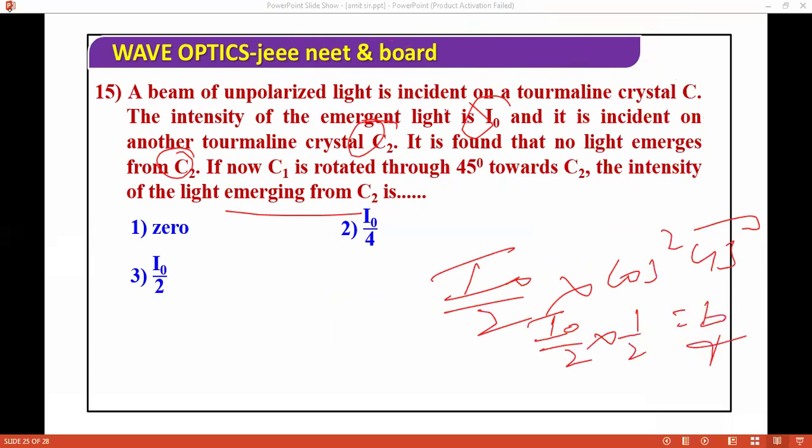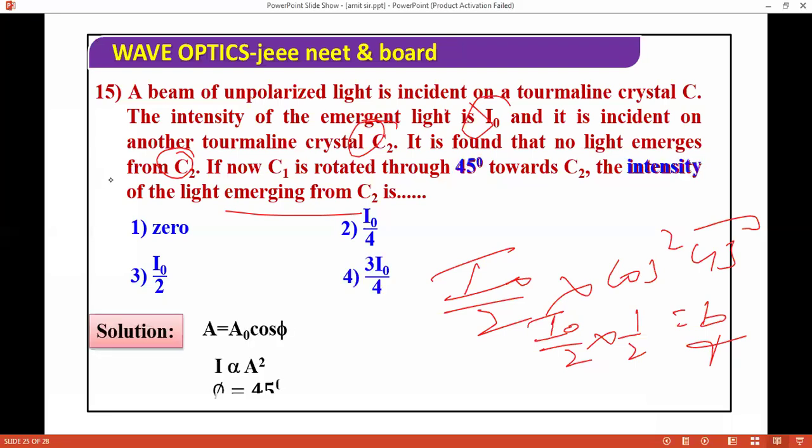Now the question is saying that C1 is rotated through 45 degrees, and asks for the intensity of the light emerging from C2.